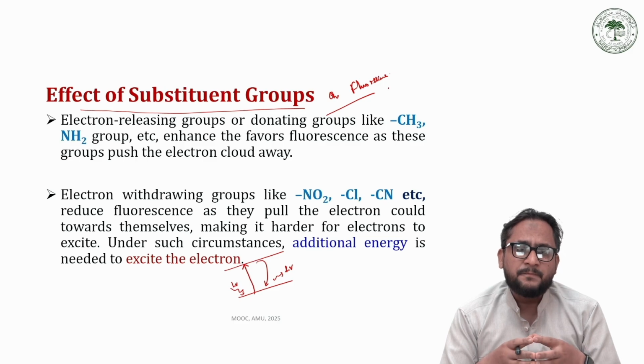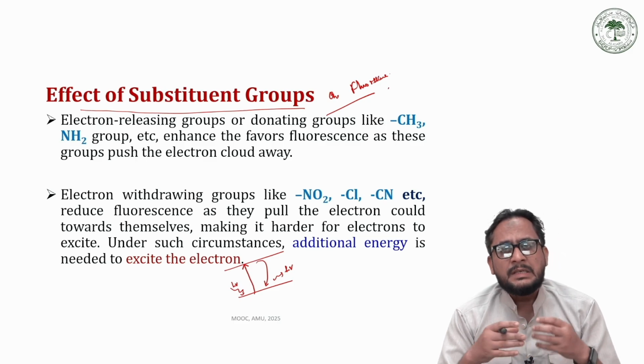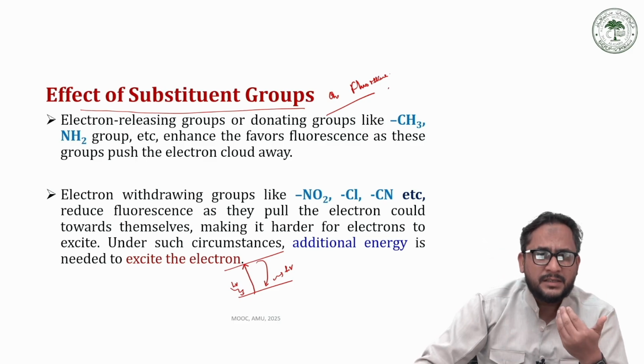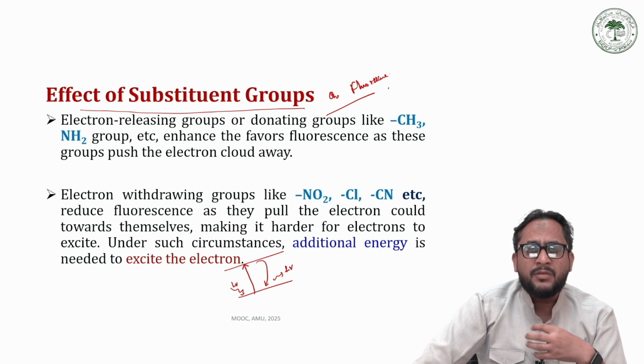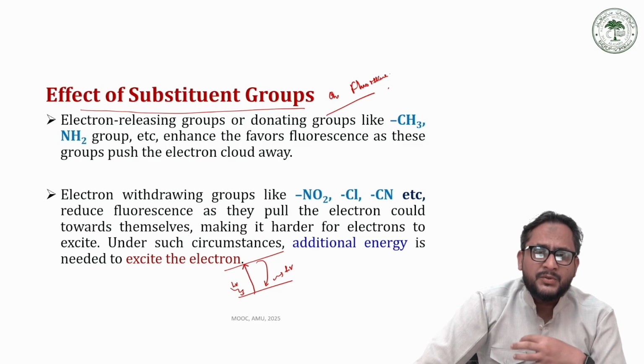Sometimes these substituents increase the intensity of fluorescence. On the other hand, in some cases, depending upon their nature, they reduce the intensity of fluorescence. Sometimes I should say they cause quenching.